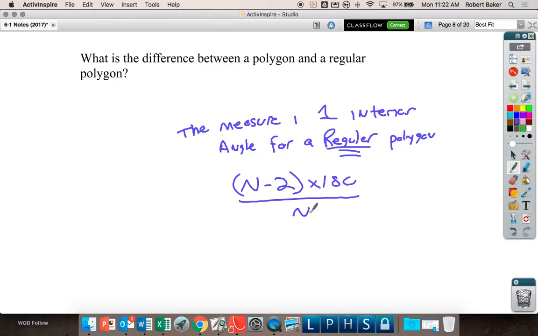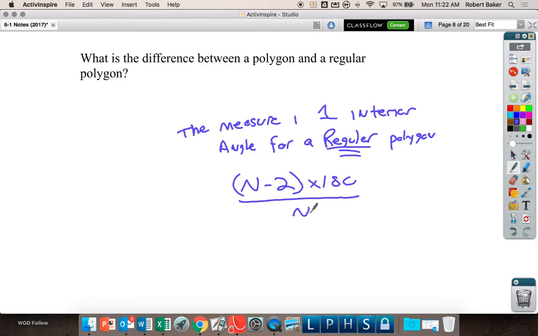That's what we have been doing. You take a 5-sided figure and you divide it into 5 equal pieces. So it's a combination of the last formula and this one. That only works for regular polygons.